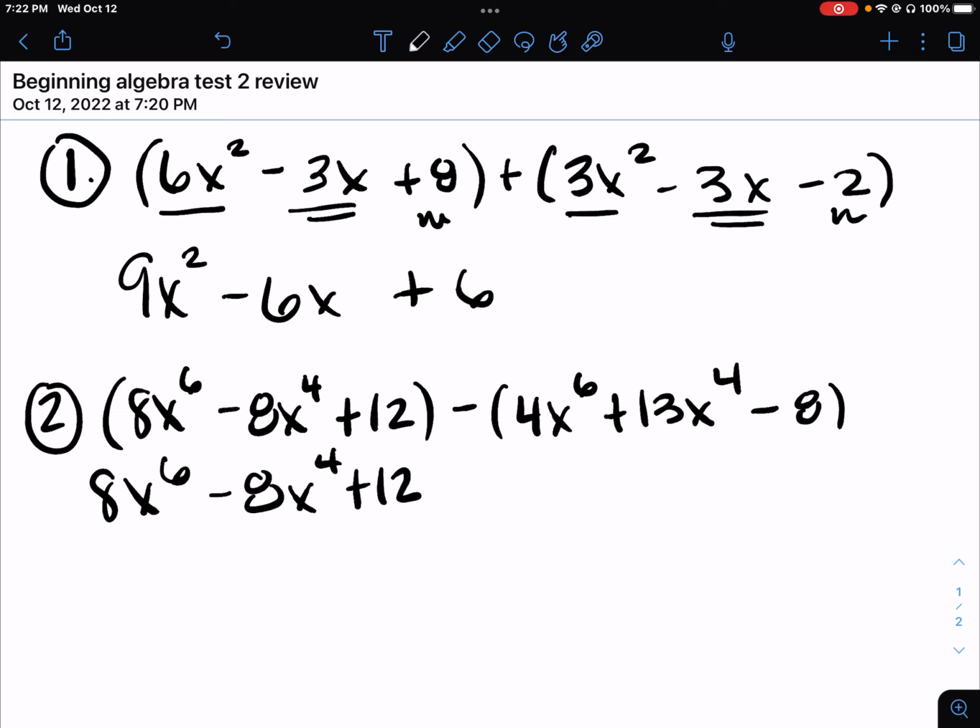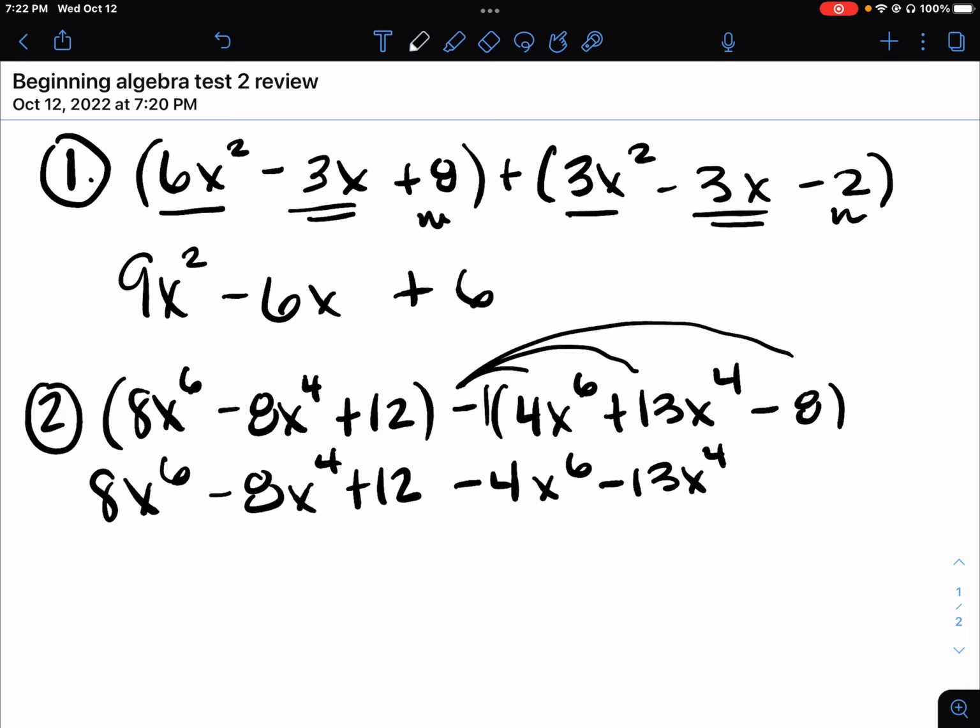There's subtract parentheses for the second one, so we're going to distribute a -1 times everything. Negative times positive, negative times positive. Okay, that minus 8 makes that negative, so this is a negative times a negative equals a positive.